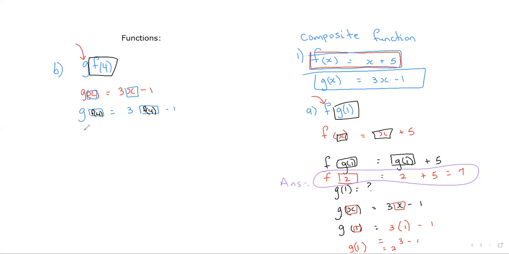Now, what is f of 4? I could find out what is f of 4. Remember, f was x plus 5. So everywhere I have x, I am going to put 4.